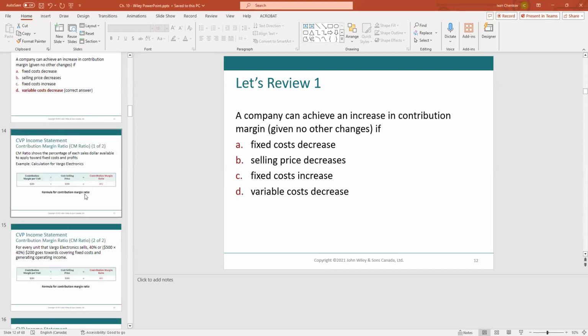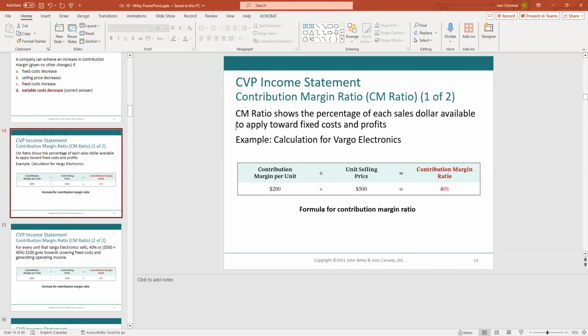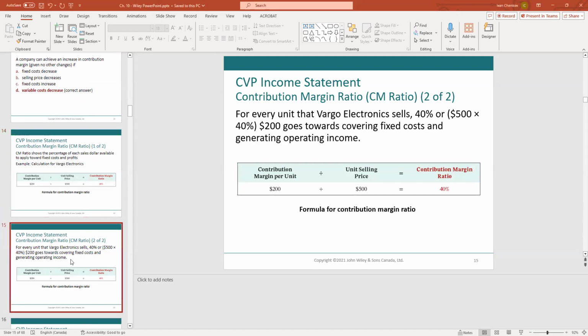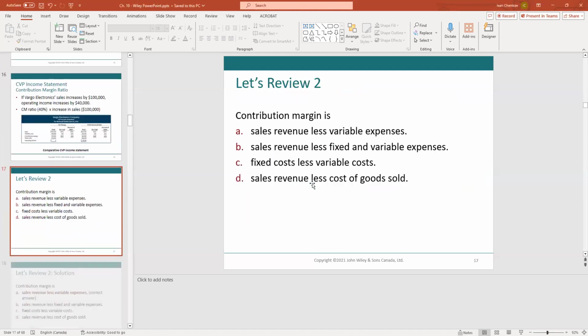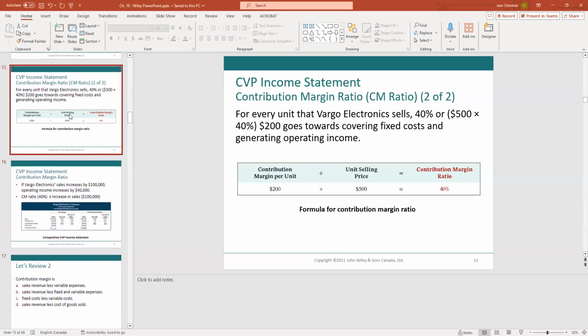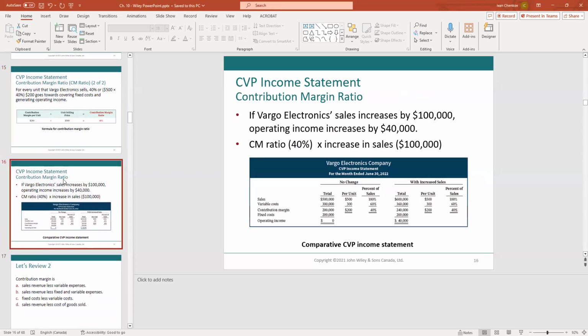Great. So the contribution margin ratio, we already know how to calculate: contribution margin divided by the sales price, and it gives us the contribution margin ratio. With the contribution margin ratio, we can calculate how much sales we need as a dollar amount in order to reach the break-even.